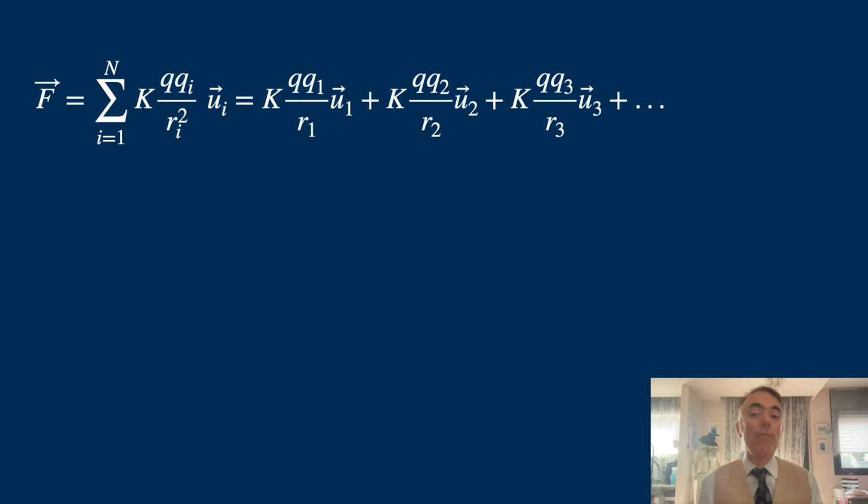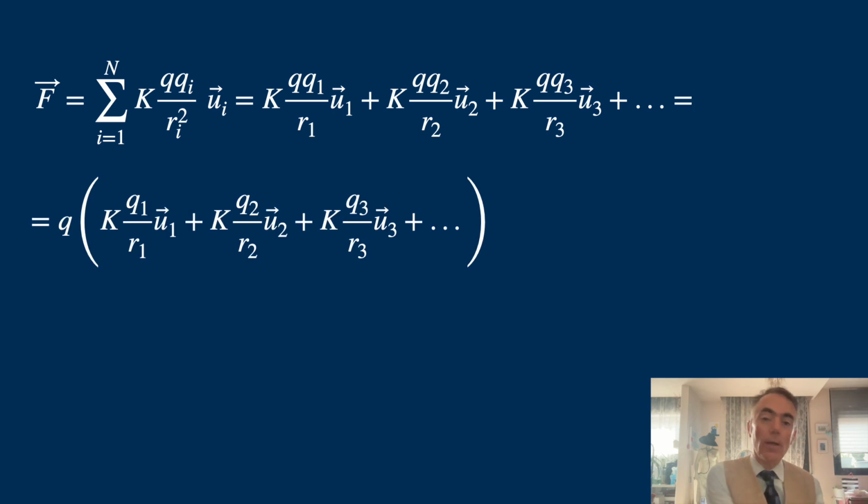Then we can factor out the probe charge and we get that the force depends on the probe charge times something that does not depend on the probe charge. This something exists no matter the presence of the probe charge, and it is the electric field of the distribution of charges that we have.